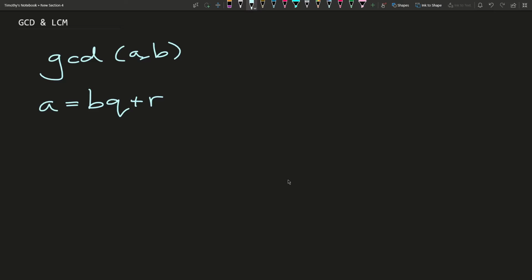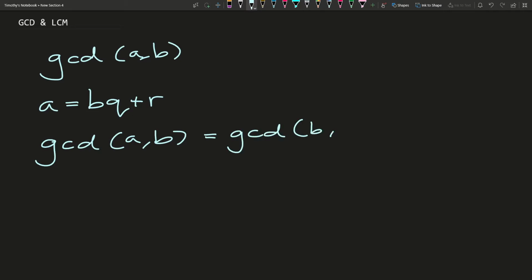So what we're basically saying for this Euclidean algorithm is that the GCD of A and B is also equal to the GCD of B and R.